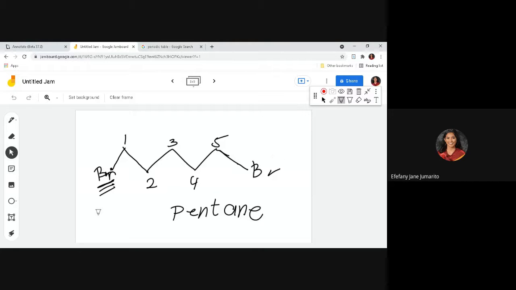We have one bromo, and then we also have another. For the name prefix, we have 1,5 dibromo. Okay, correct. 1,5 dibromo pentane. Okay, question.